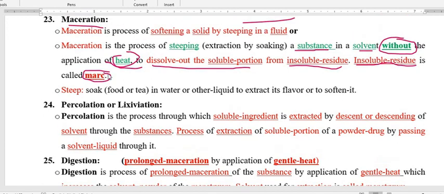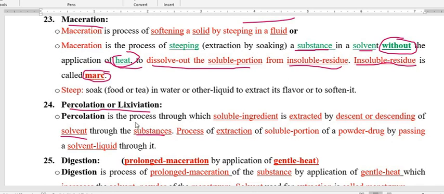So how does it differ from maceration? In percolation, we are not directly dipping or soaking the substance in the solvent. Rather, we are pouring or descending the solvent over the substance.